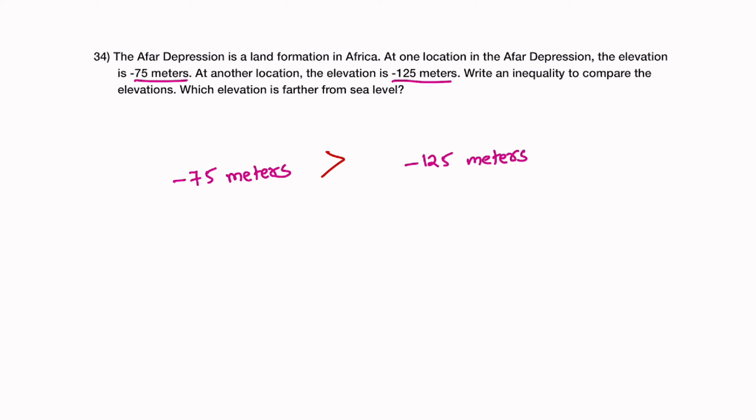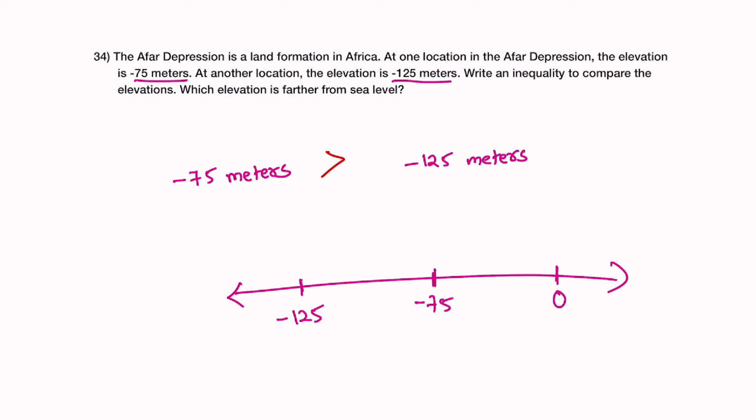Which elevation is farther from sea level? So sea level is here, like here. 0 is your sea level. You mark 2 points. Which one will you write where? We will write minus 75 here and minus 125 here, right? It's not exact distance. This is just a visual representation for us to compare our answer, right?